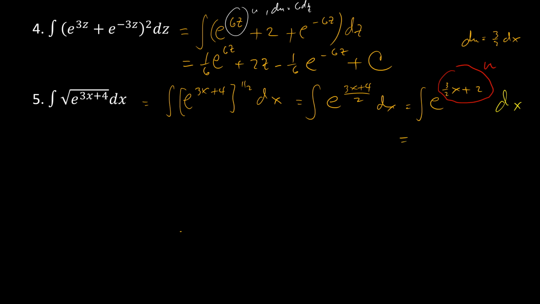Our answer will be the reciprocal, 2/3 e to the 3 halves x plus 2 plus c. Or you may rewrite this as a radical, the square root of e raised to 3x plus 4 plus c.